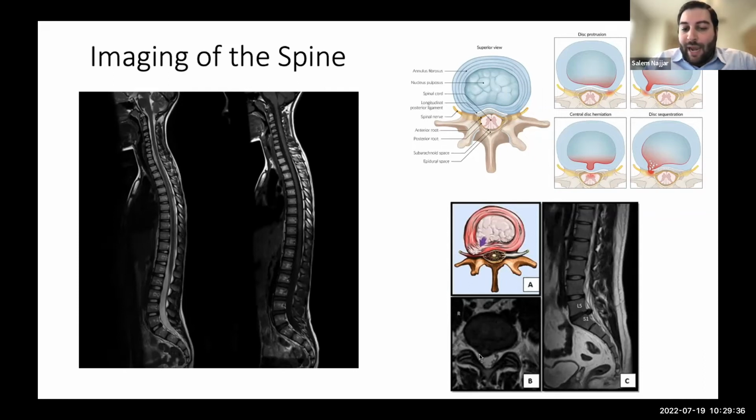You can see the same thing happening here. And here's a sagittal version of that same sort of pathology. In this case, the disc is bulging out and impeding on the spinal cord, as you can see here, at the level of L5S1.